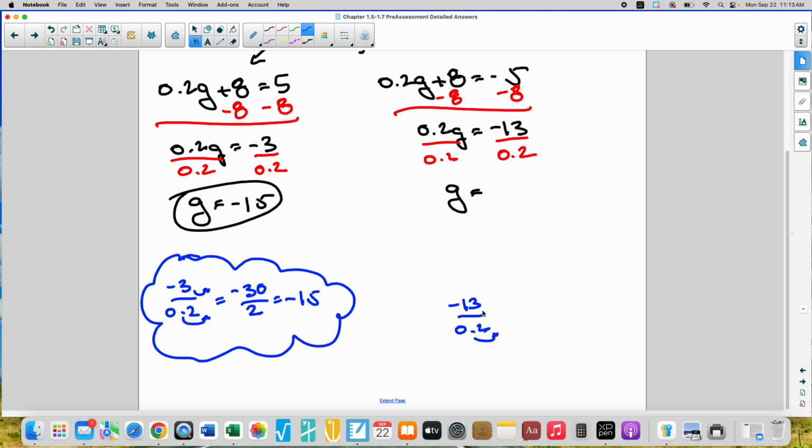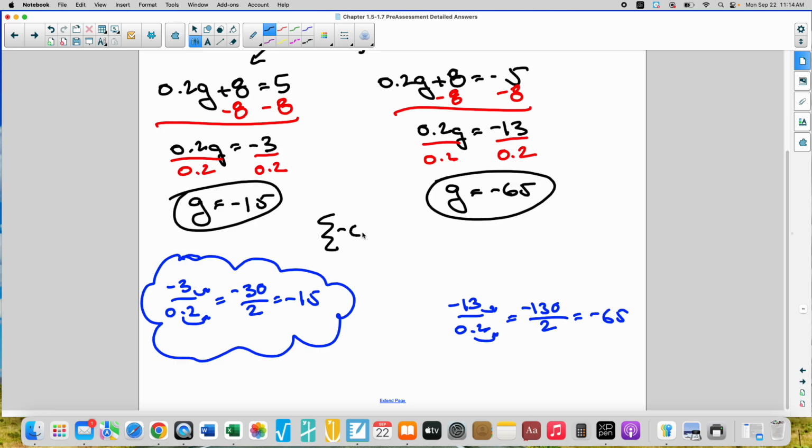We'll move the decimal point, creates negative 130 over 2, which is going to be negative 65. So my answer is going to be negative 65. So if I'm going to write it in numerical order, I'm going to have negative 65, comma, negative 15 would be my two solutions.